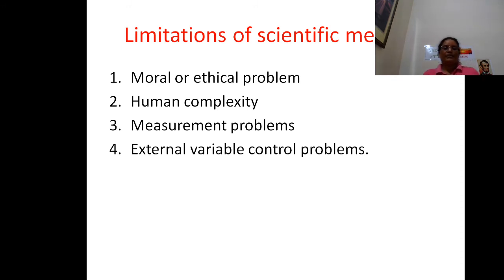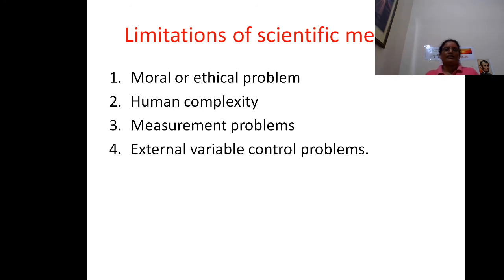Then limitations of scientific methods. It is a very good method to attain knowledge, but there are some limitations also. Moral or ethical problems: if we judge humans on the basis of behavior, then it is a moral or ethical problem. Then human complexity: all humans are not the same, there are always individual differences.